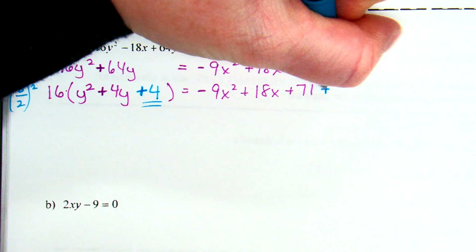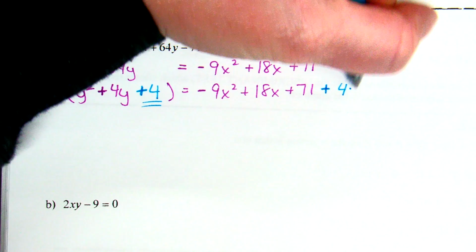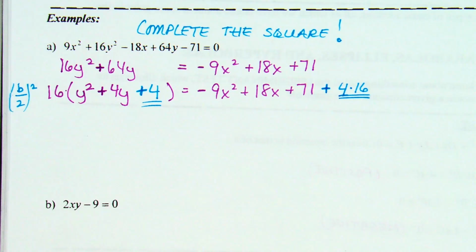We're going to add 4 on the right, but it's really a 4 times 16, which is what? 64. So really we're adding a 64 there. You're welcome to write 64. I don't care which way you write it. It's whatever works better for you.